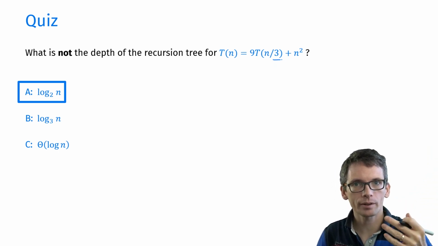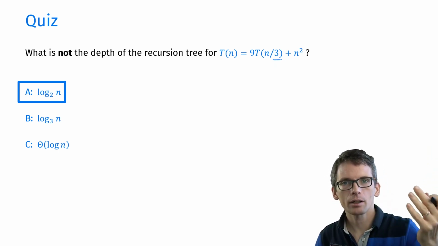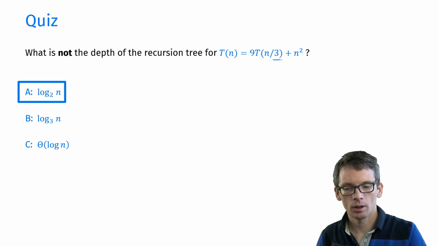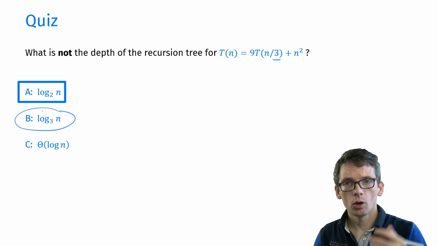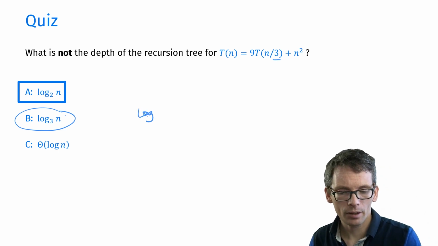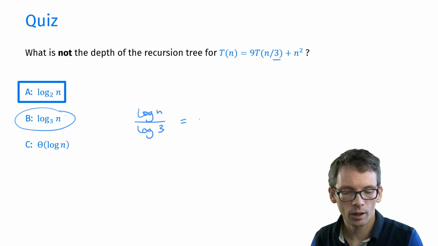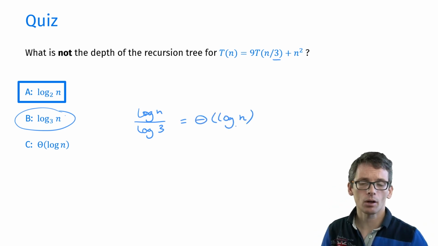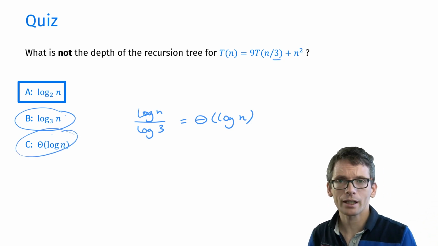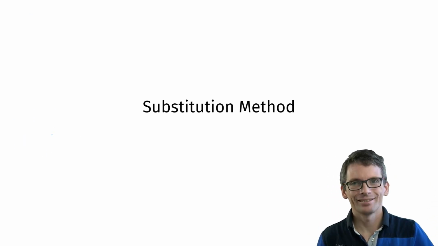How often can we do this? Log n base 3 times. So we get this term here, b. Now, of course, log n base 3 is the same as log n divided by log 3. So alternatively, we can simply look at this as being theta of log n. So C is also fine as an answer. A is not.